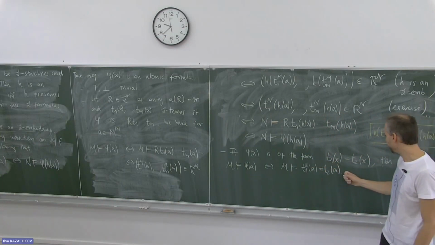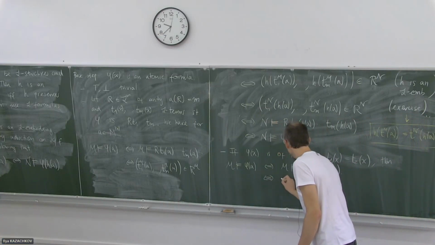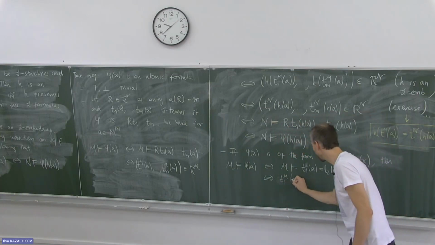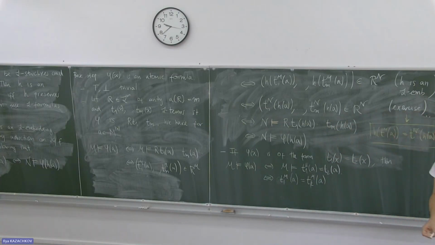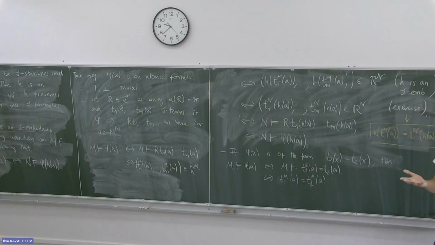By definition of the equality, this is if and only if the image under this function applied to A has to be equal to the image under this function, sorry, T2 applied to A. I have done nothing but interpret what equality means in a structure, right?